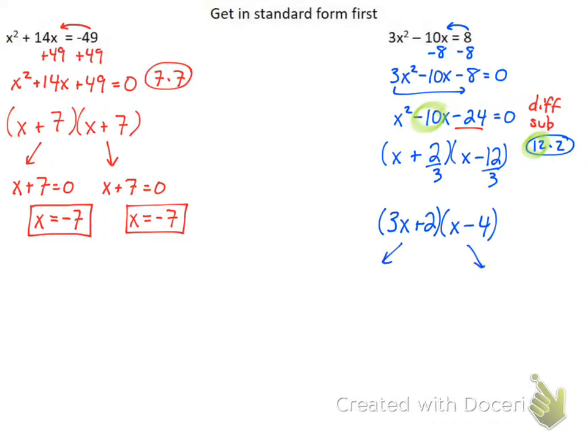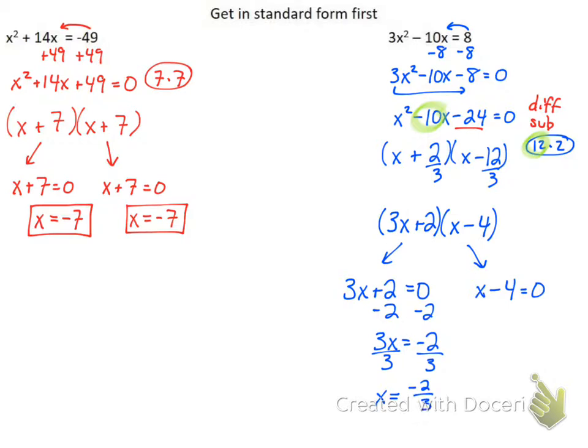I can then do the arrow thing, get 3x plus 2 is equal to 0, and x minus 4 is equal to 0. I can subtract the 2 to the other side to get 3x is equal to negative 2. Divide by 3. So x is equal to negative 2/3. Again, leave it as a fraction because it is a repeating decimal. With the other one, I can add the 4 to the other side to get x is equal to 4.